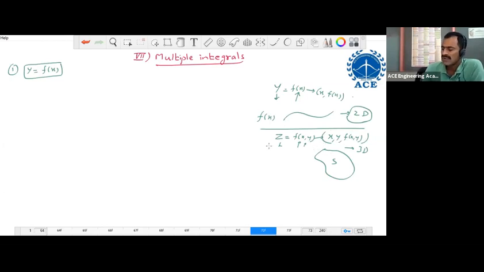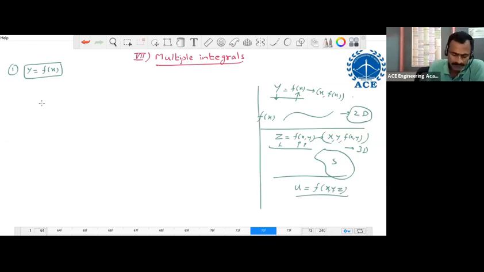So to represent this function geometrically, we require 3D space. In 3D space, we plot all these points, and after plotting, if we join all the points, we get the surface of some object in 3D space. So the one variable function geometrically represents a curve in 2D space. The two variable function geometrically represents the surface of some 3D object in 3D space. Later, we will consider the geometrical representation of functions of three variables. Not now, later. Okay, already we know this.